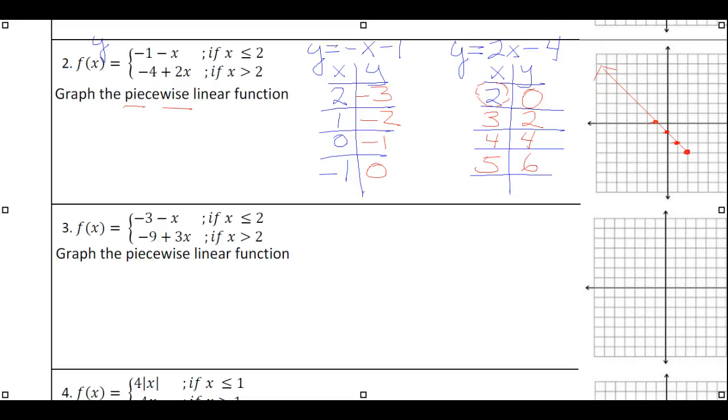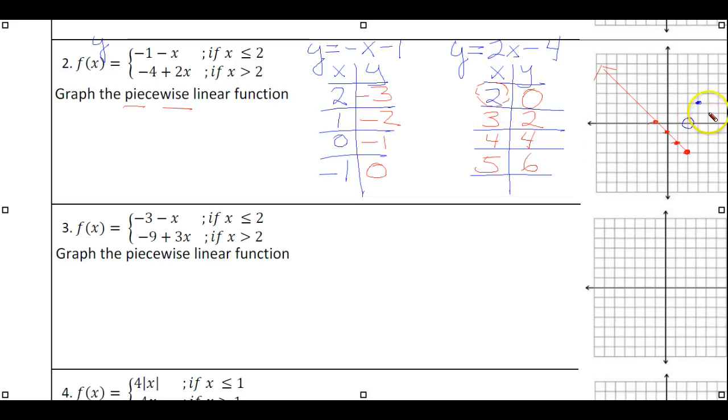Now for this one, and I'll change color for this, here we have a 2, 0. So 2, 0, we're going to put a little circle there. That's where we hook up our line, but the 2's not included. And then we go 3, 2, so there's 3, up there. 4, 4.